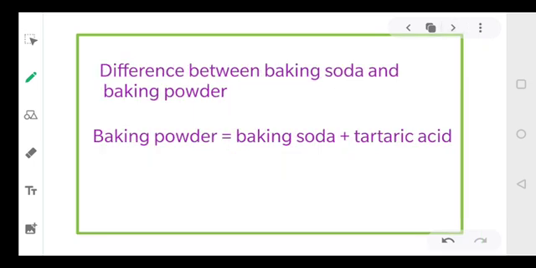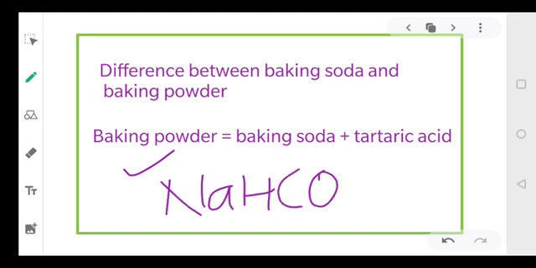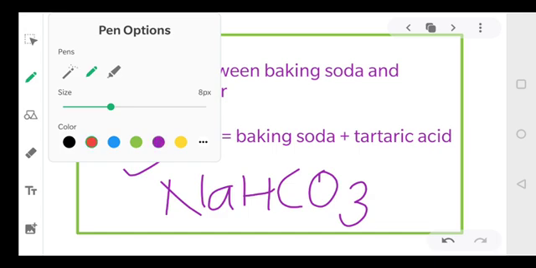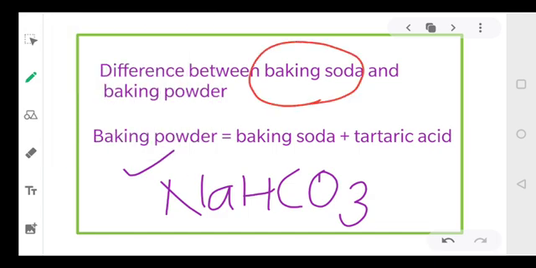See, in our cooking we always add baking powder. There is no difference in the formula. The formula of the baking powder is also NaHCO3. So chemically the baking powder and the baking soda both are same, but the difference is baking soda is bitter in taste, kadwa hota hai ye, while baking powder is tasteless.